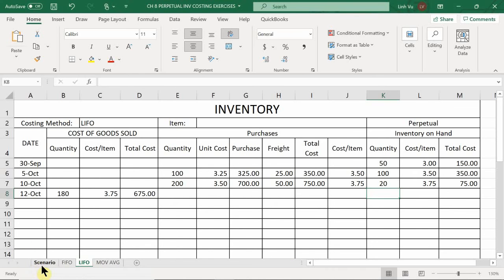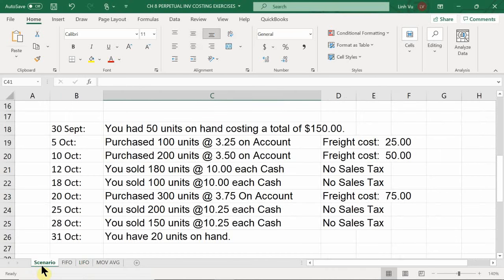So then let's see what happened next. Then on October 18, excuse me, we end up selling an additional 100 units at $10.